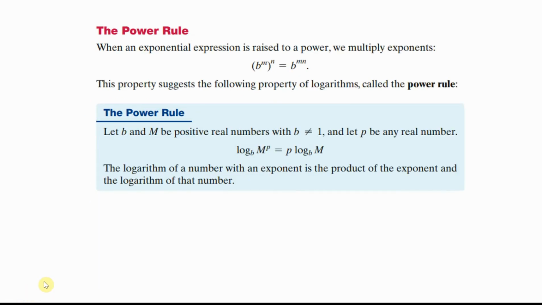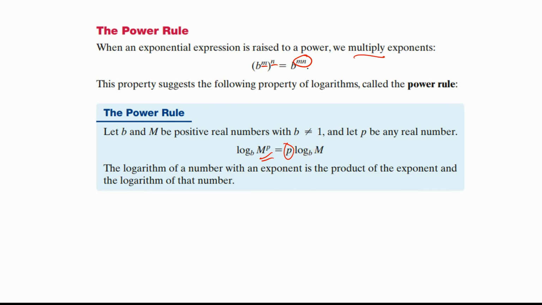The so-called power rule. If we have a power raised to a power, you multiply the powers, right? When an exponential expression is raised to a power, we multiply the powers. So that's what's happening here: we have m raised to the p, and that's the same thing as p times this logarithmic expression.